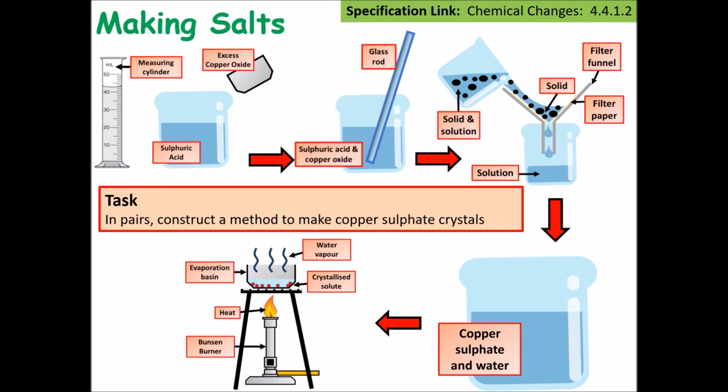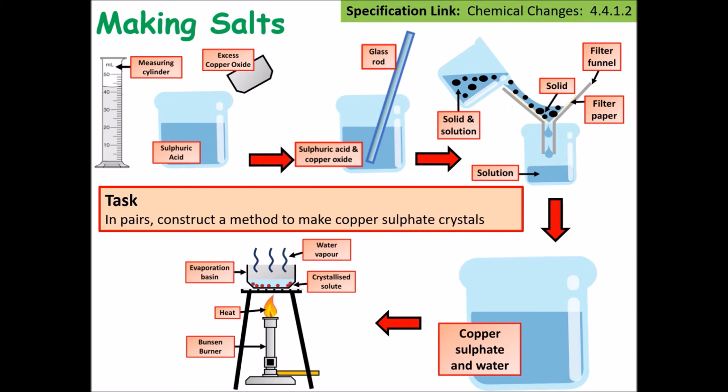This is to ensure that as much of the copper oxide dissolves in the sulfuric acid as possible. Next, you would remove the remaining excess solid copper oxide by filtering it, which would leave a solution of copper sulphate and water.